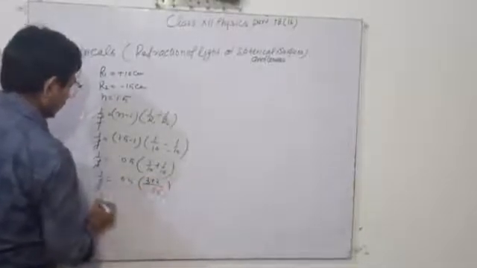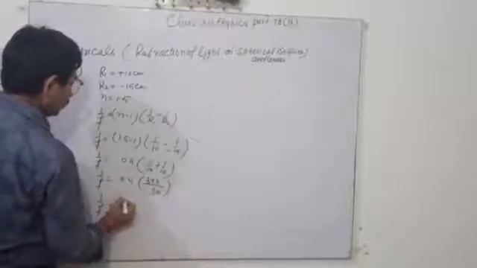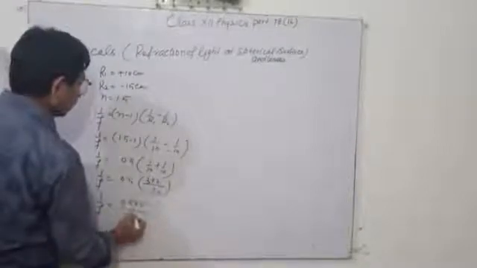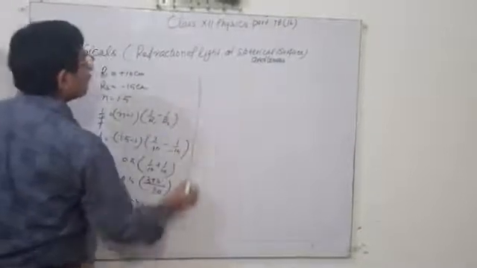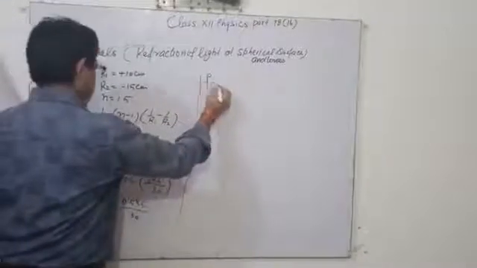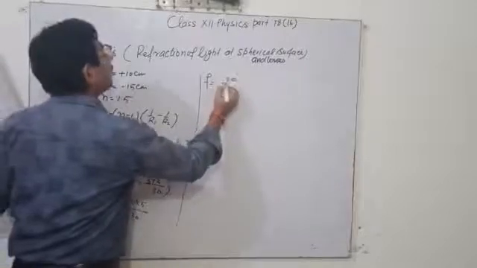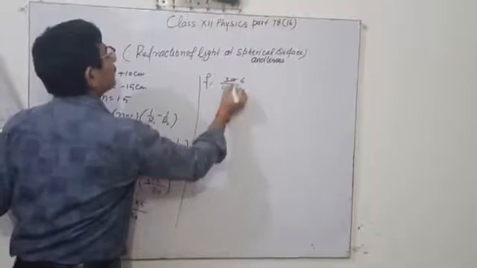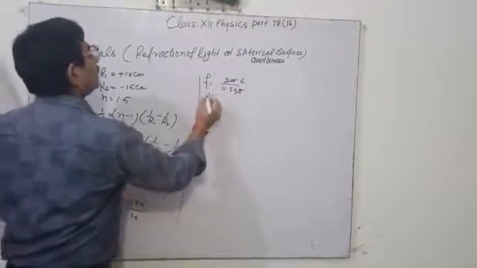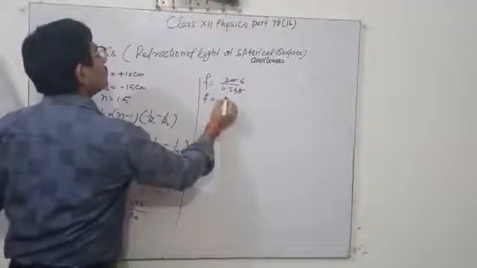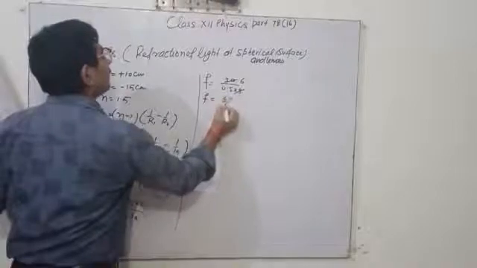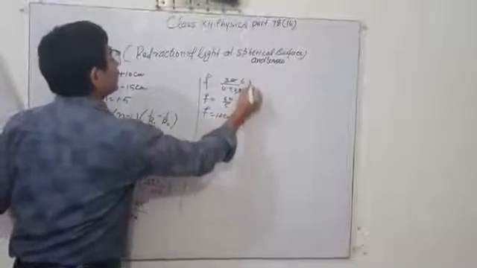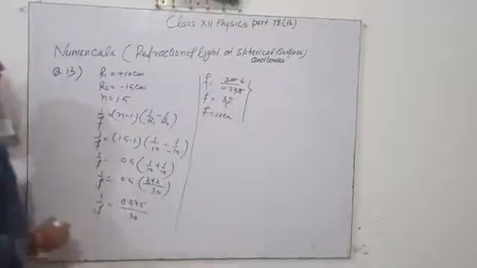Now 1 by f equals 0.5 into 5 upon 30, or f equals 30 upon (0.5 into 5), which is 60 by 5, so f equals 12 centimeter. This is the answer of question 13.